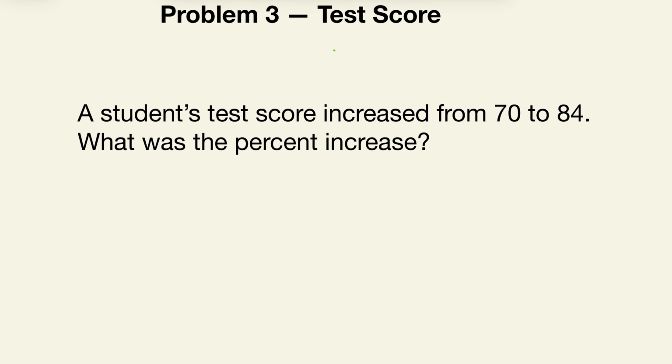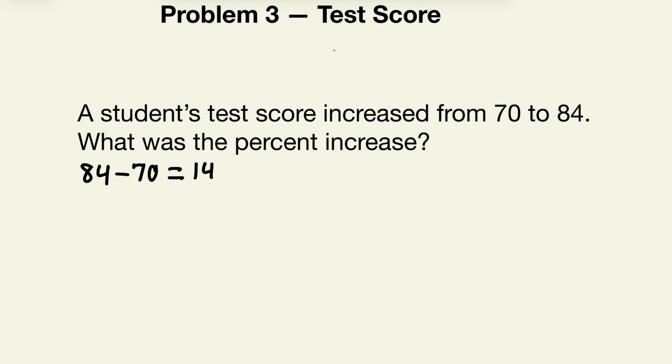We see here that we have a change from 70 to 84. So what do we need to do? We need to take 70 from 84. So 84 minus 70 equals 14. The second step is to do what?